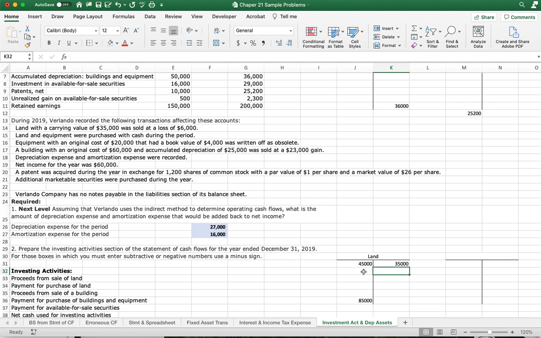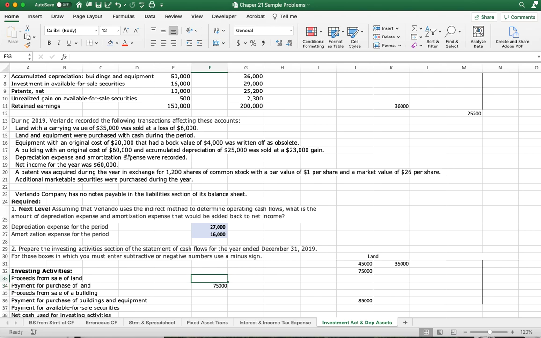So we can solve then for the missing information here. And I suppose that's actually going to be our purchase of land, the proceeds from the sale we'll come back to in 1 second. So we'll solve for our missing value here, which is 75,000, and that's going to be the purchase of land.